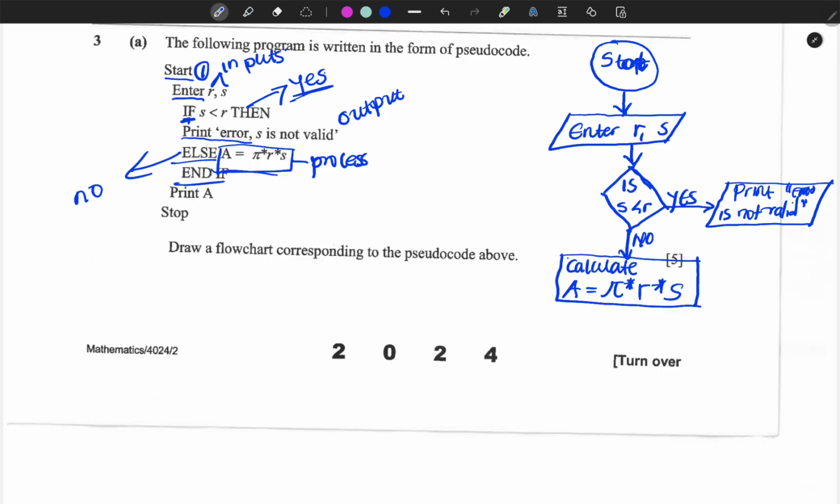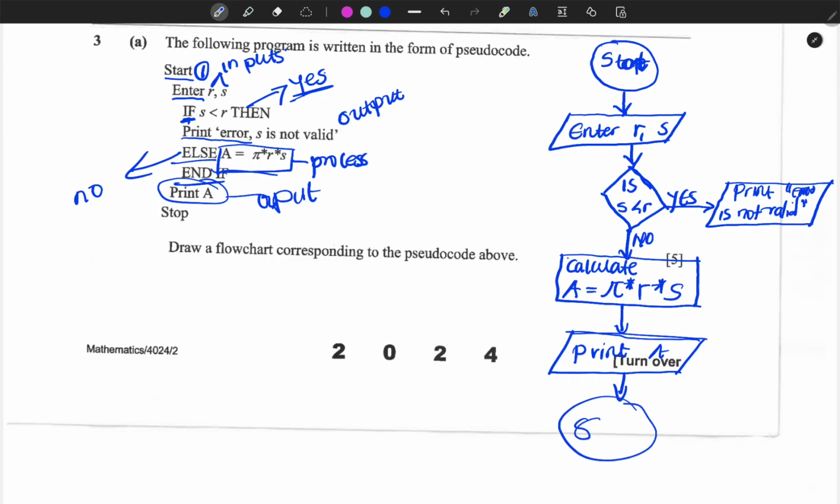Before you end, we have print A, which is another output. Before you stop, you need to add another parallelogram for output. So you can say print A. After that, we can now stop our program.